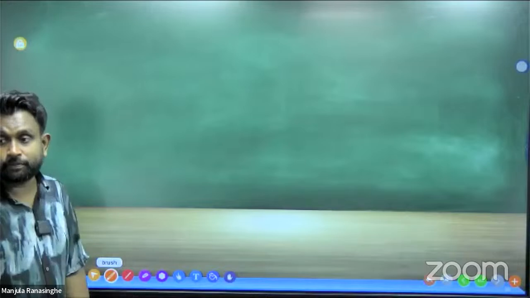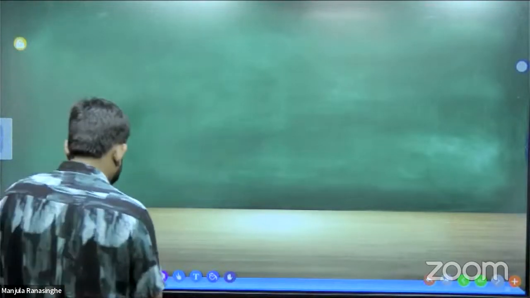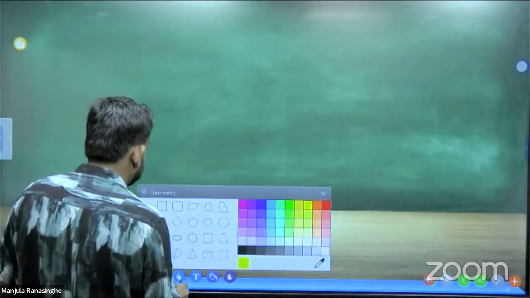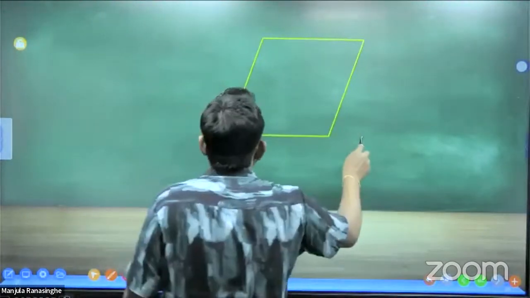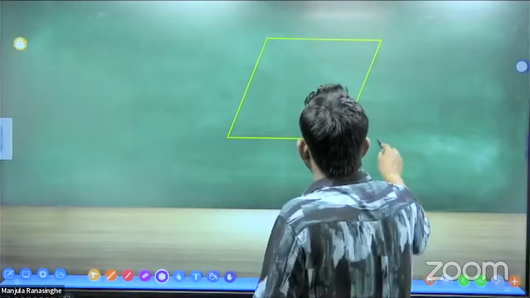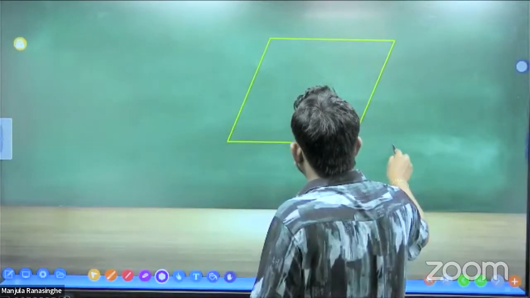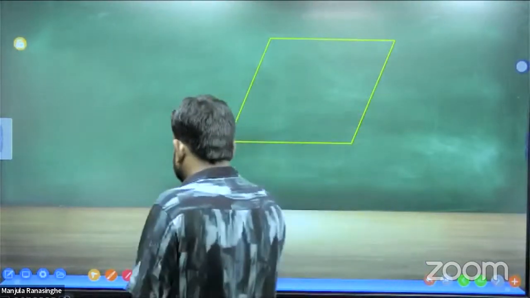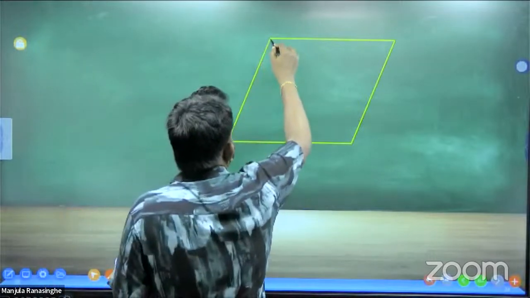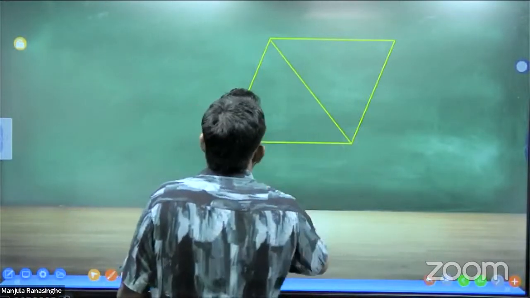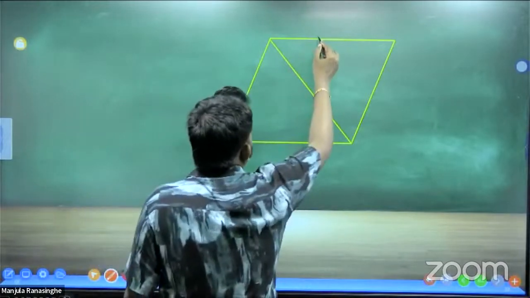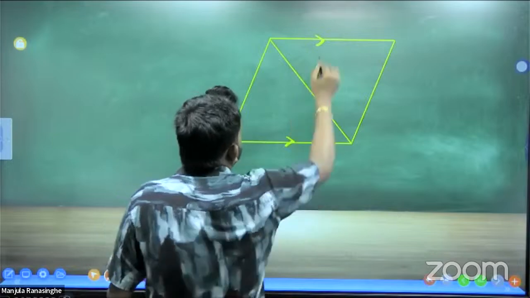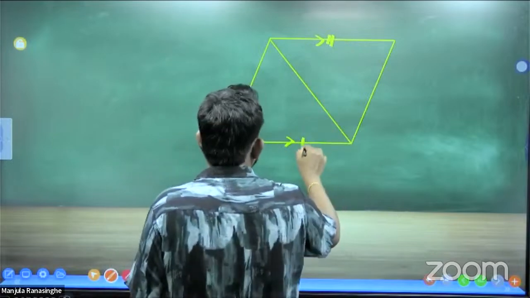Right, the B part says a parallelogram case. See there, I will draw a parallelogram. Okay, this is a parallelogram. You can see these sides. This is a diagonal drawn, and these two sides are parallel as well as these two sides are equal.